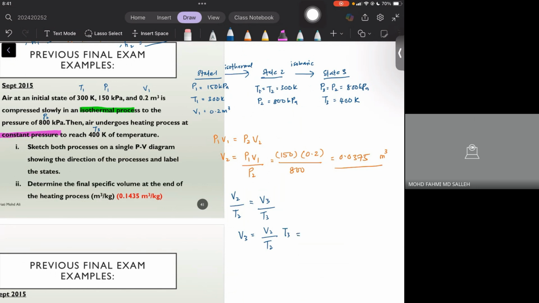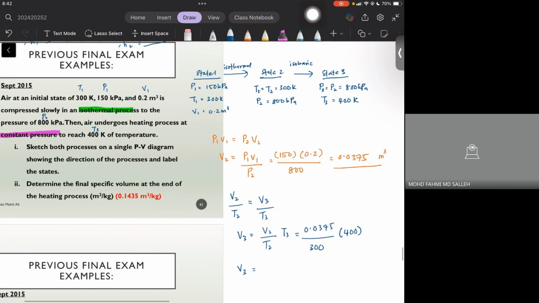And then we substitute with the data that we have. For this, you're going to get the volume at state 3 is 0.05 meter cube.